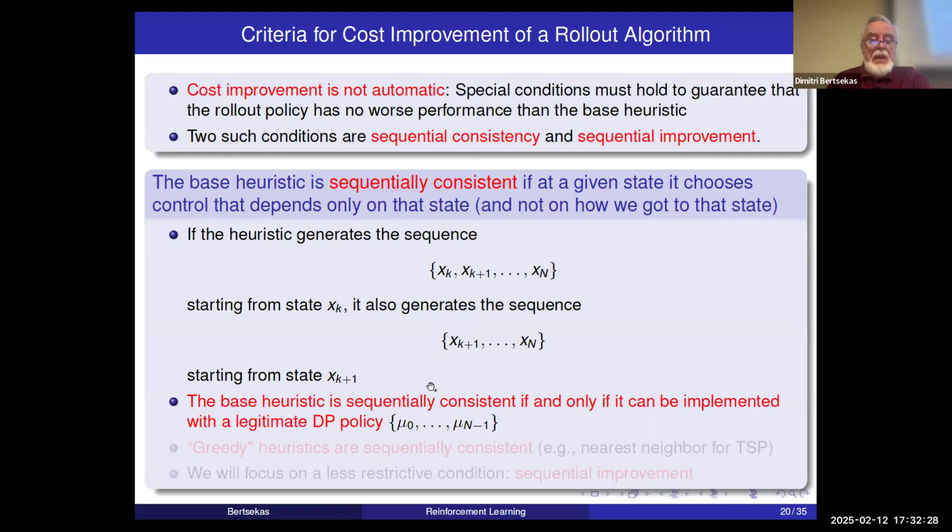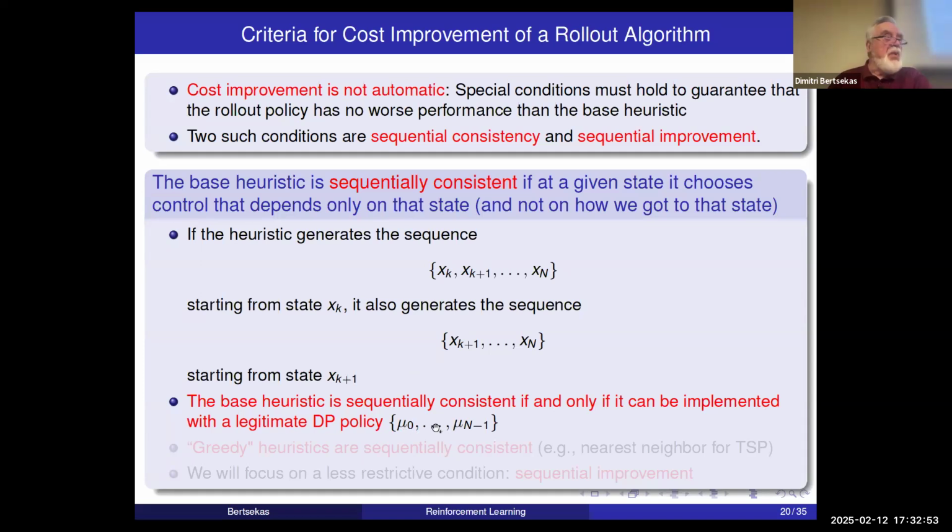In the traveling salesman problem, the nearest neighbor heuristic is sequentially consistent. If it reaches some state, it doesn't look at how it came there. It looks forward to the nearest neighbor all the way to the end. Generally speaking, a Bayes heuristic is sequentially consistent if and only if it can be implemented with a legitimate dynamic programming policy.